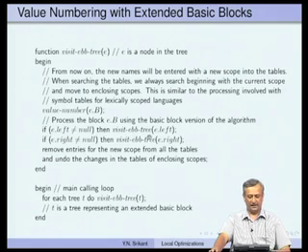Once the left and right subtrees are completed, remove the entries for the new scope from all the tables and undo the changes in the tables of the enclosing scopes. This is the function called VisitEBB, which is called for each tree representation of the extended basic block. So, this brings us to the end of the lecture on local optimizations.